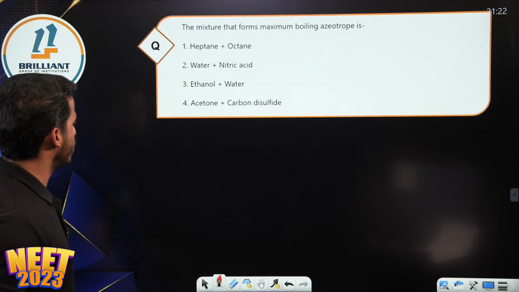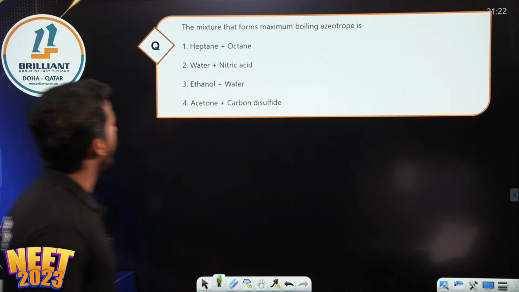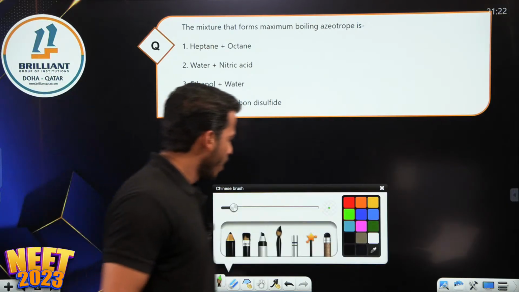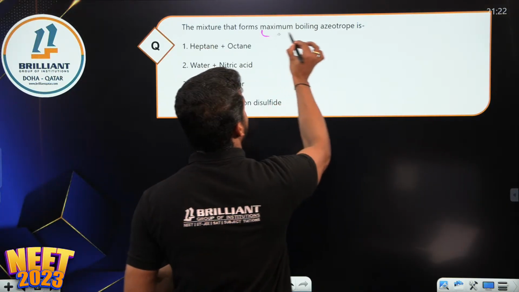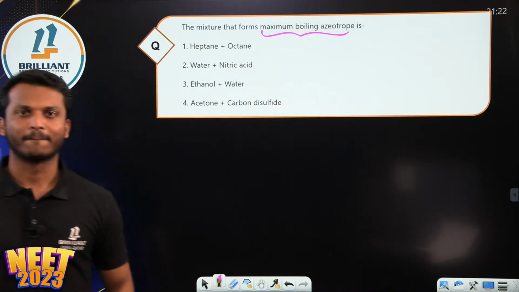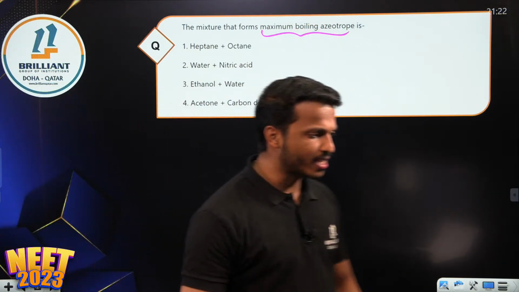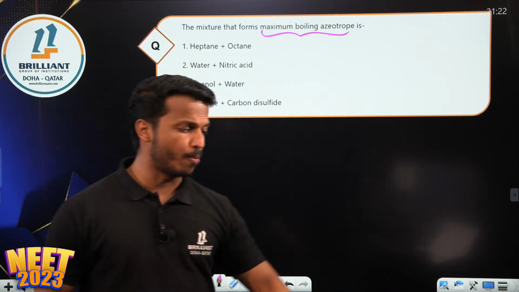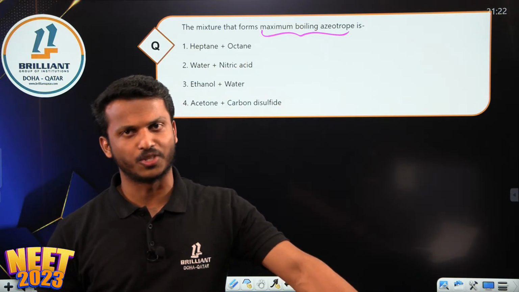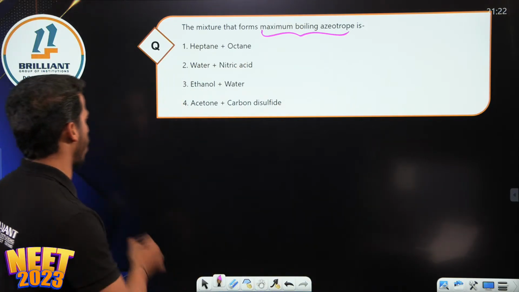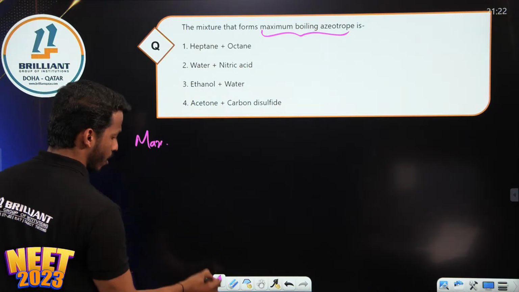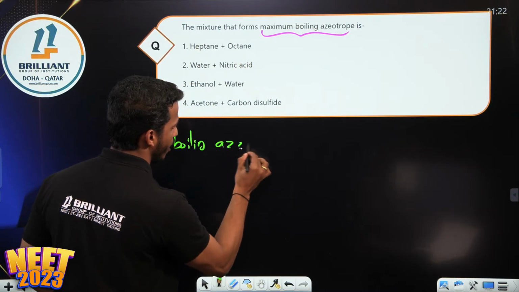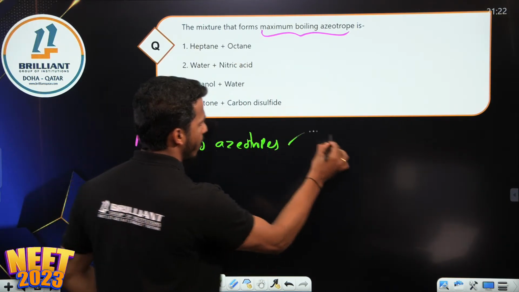Careful. Next question. The mixture that forms a maximum boiling azeotrope is which one? Azeotropes are of 2 types, maximum boiling azeotropes and minimum boiling azeotropes. Maximum boiling azeotropes are formed by which deviation?